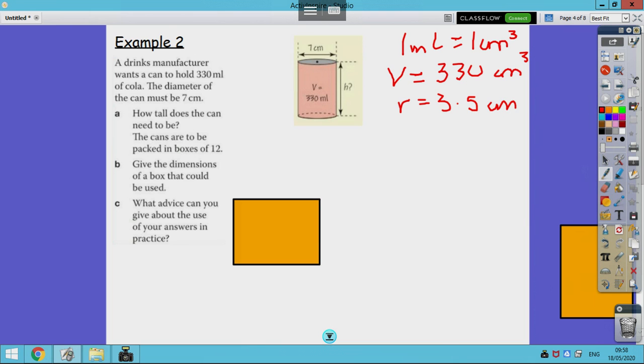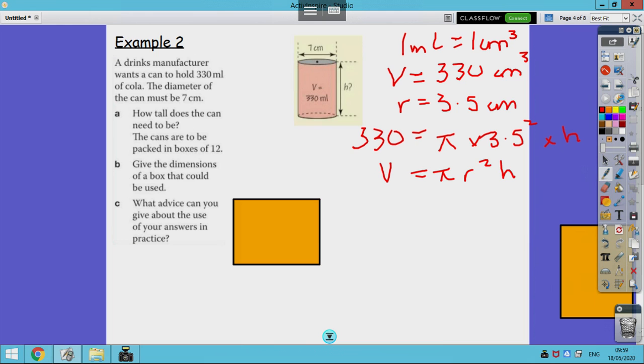Here we're given the volume and the radius, but not the height, so we have to work backwards. Our volume is 330, which equals pi times 3.5 squared, multiplied by the height, which we don't know. This comes from the formula for the volume of a cylinder, V equals pi r squared h.